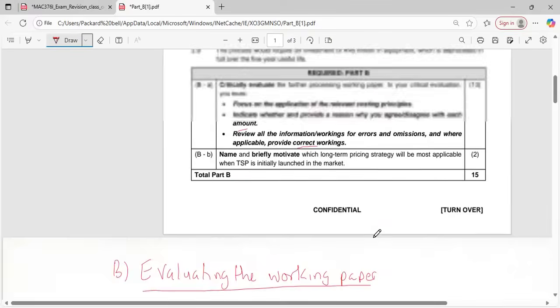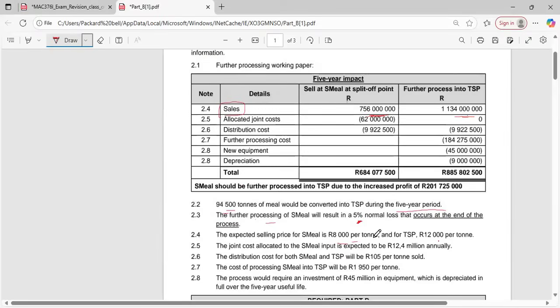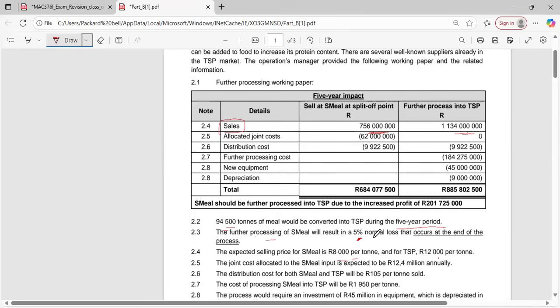So let's look at the sales for TSP after being further processed. Is it correct? 1,134,000. You look at your calculation. The selling price is 12,000, but you must look at here, further processing has a 5% normal loss. So we no longer have these tons. Let's calculate that one and see if it is correct.